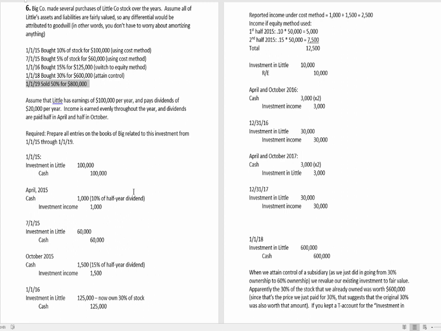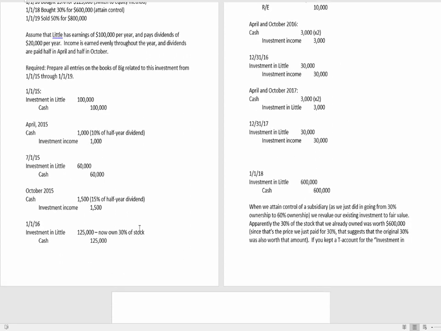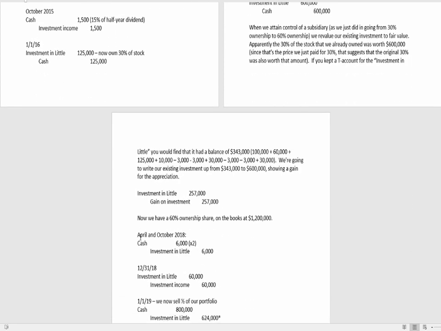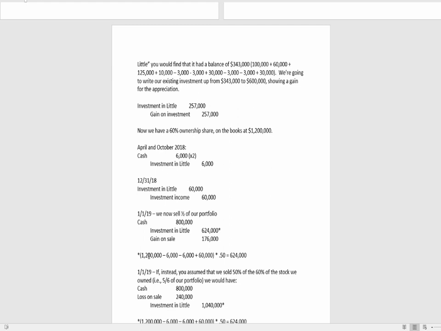What I had originally intended by that was that we were going to sell half of our portfolio. If instead you thought, well, I own 60% of their stock, I'm going to sell 50% of that 60%, then you'd be selling 5/6 of your portfolio. So that could have been interpreted either way, and that's neither here nor there. It's the principle that counts.